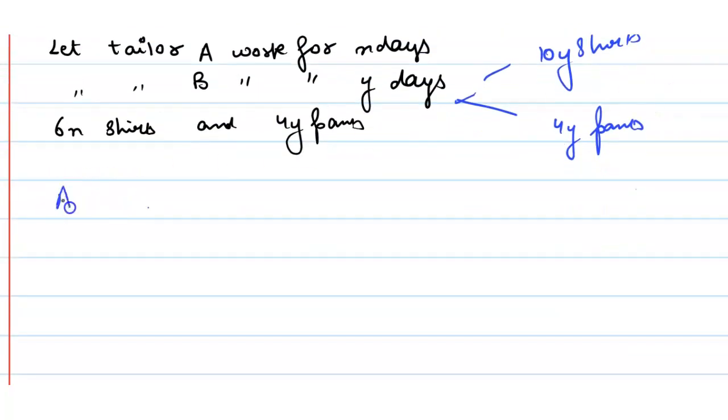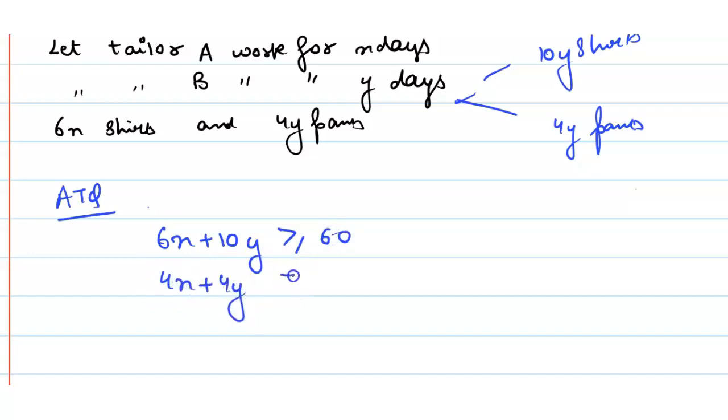So according to the question, the inequalities will become 6x plus 10y greater than or equal to 60, 4x plus 4y greater than or equal to 32.